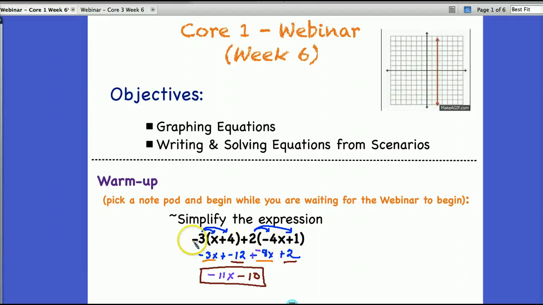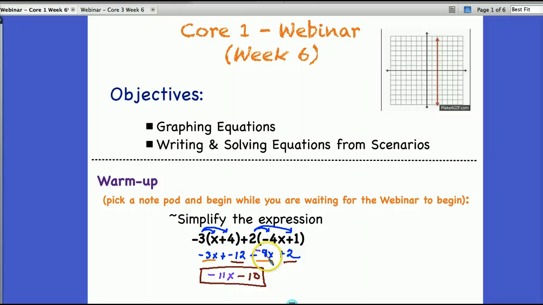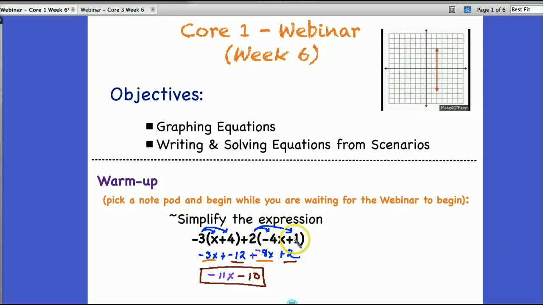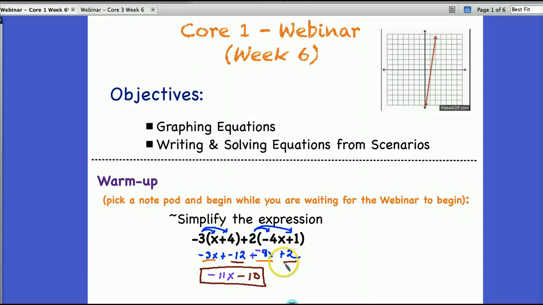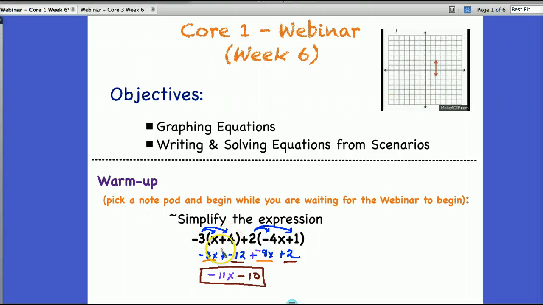And then we'll see the blue. Are you on the 2 right now? Mhm. So I did the 2 times the -4, like you said, and that's where I got my -8x down here. Then I did 2 times 1, and that's where I got my 2. Oh yeah, I forgot about that. Yeah, okay. So don't forget that you have to take that term on the outside and put it into both terms on the inside. And times it. You got it. Good job.